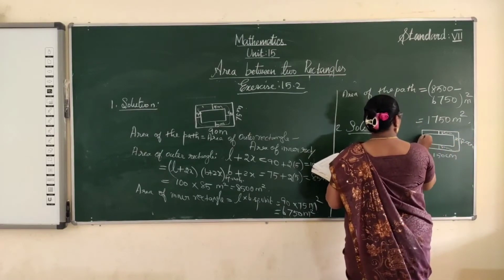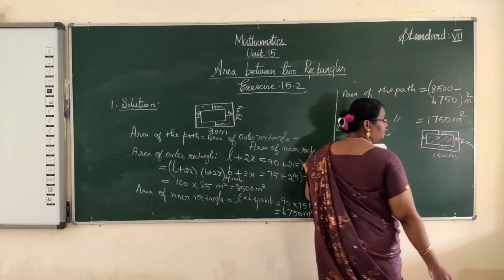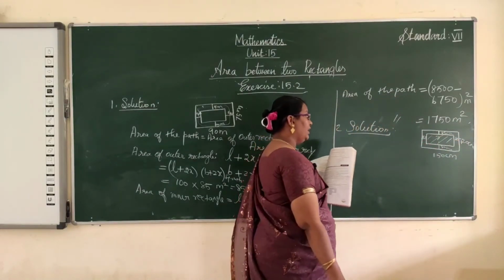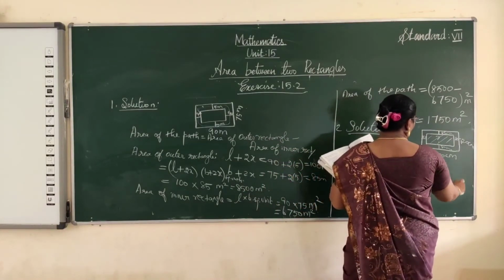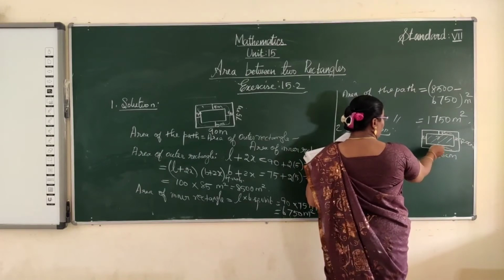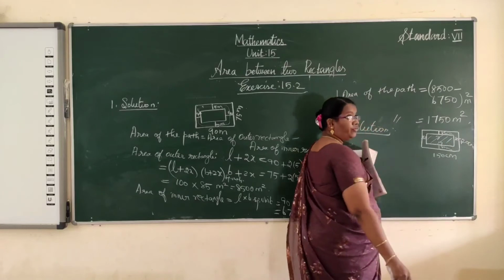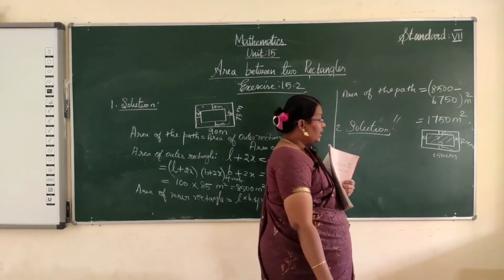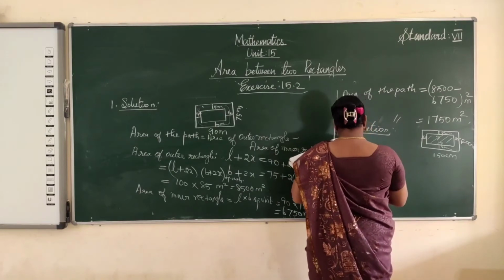centimeter. Okay, we have to calculate only the painting area. We know the value of the length of the outer rectangle only. So we have to subtract 150 minus 8, then only we can calculate the value of the painting area. So first we calculate the length of the inner.